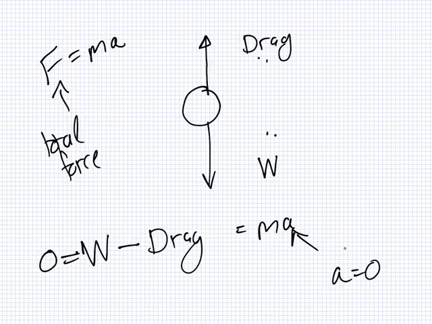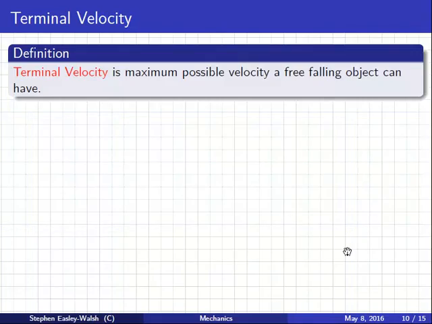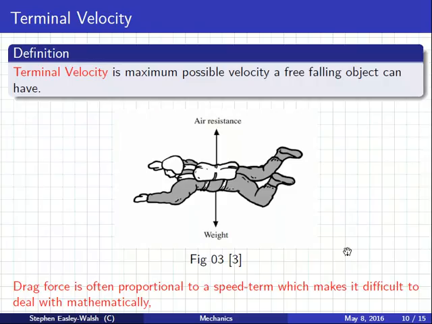And if it's not accelerating, it's traveling at a constant speed. Terminal velocity is the maximum velocity a falling object can have, most commonly seen with the parachuter. Although he jumps out of the plane and accelerates, he does not accelerate forever. He reaches a maximum speed.